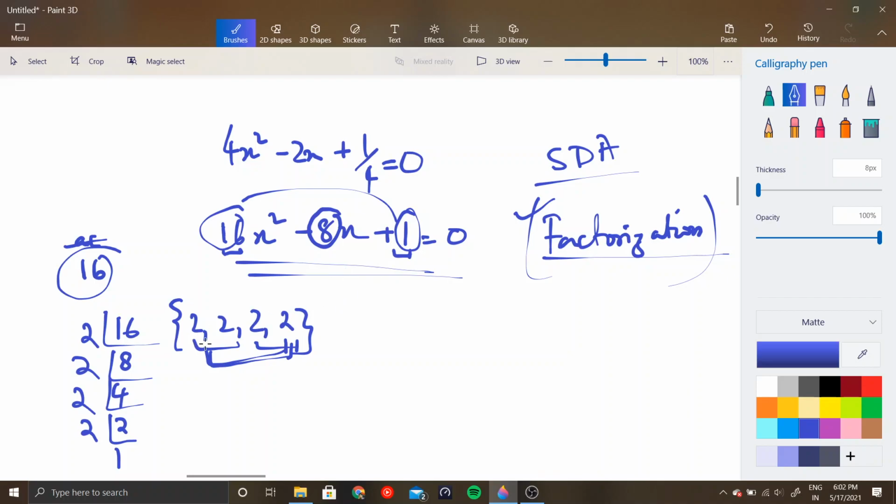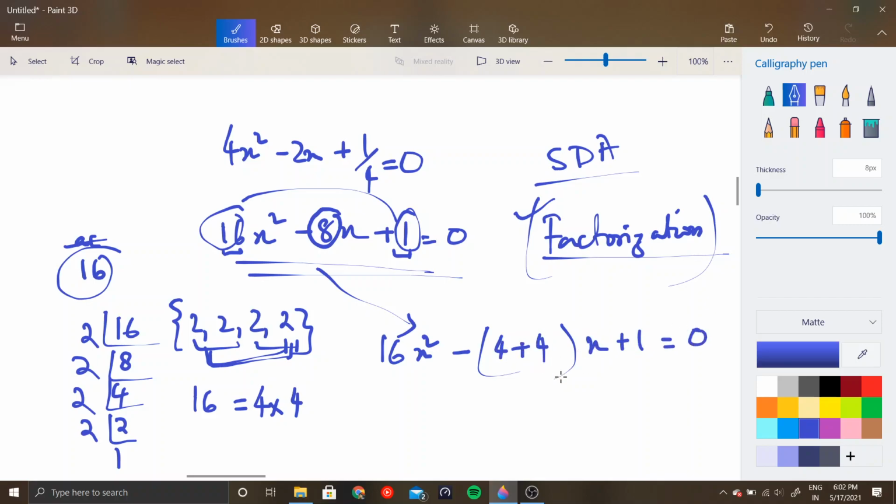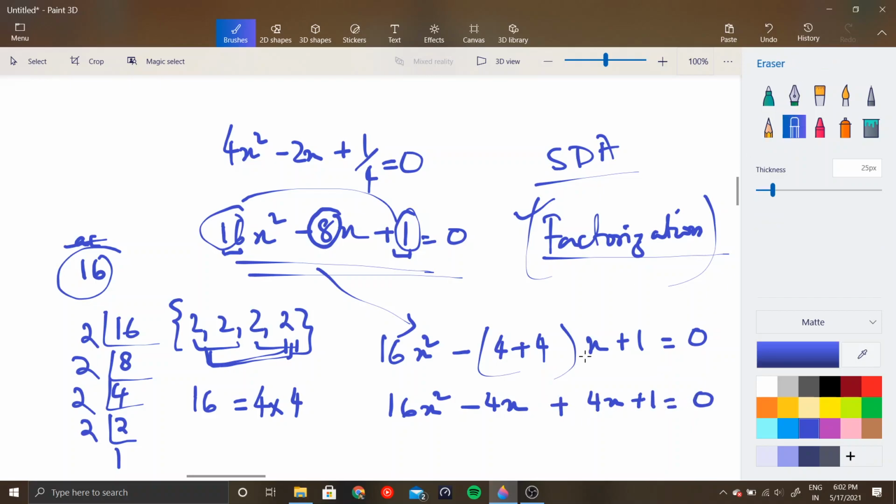What I mean to say is, if you break 16 as 4 into 4, you'll just use this: 16x square, now you can break this 8 as 4 plus 4, times x plus 1 equal to 0. Correct? So what does that mean? See, 16x square minus 4x plus 4x plus 1 equal to 0. Right? So sorry guys, so sorry, this will be minus.